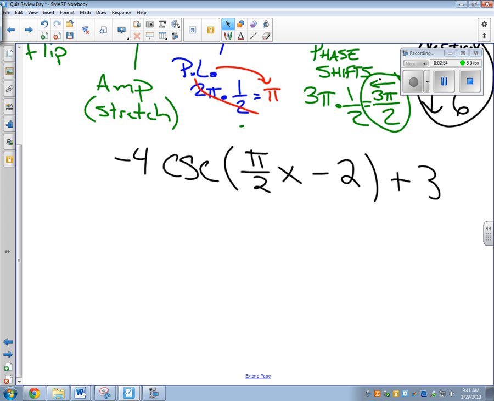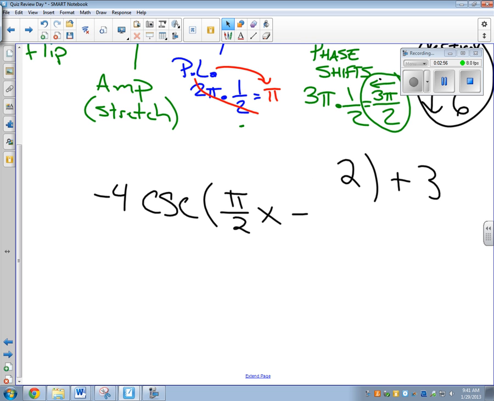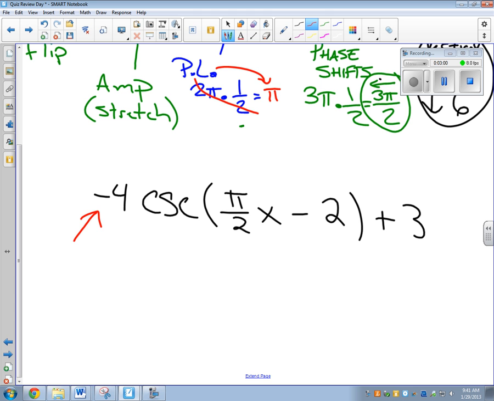So here's my second one. All that different stuff put together again. So it's negative. So that flips my graph. The 4 is my amplitude. It's a cosecant graph. Sine, cosine, secant, cosecant.